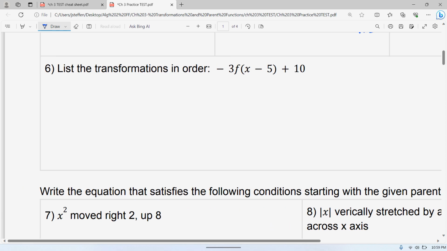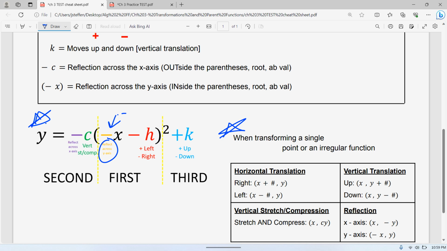So moving on, the next one says write the equation that satisfies the following conditions, starting with the parent function.